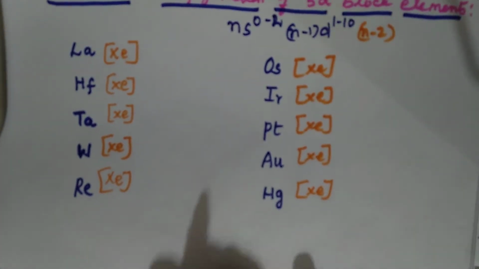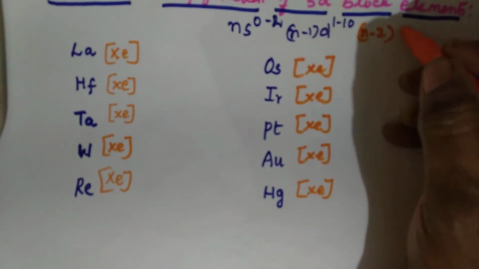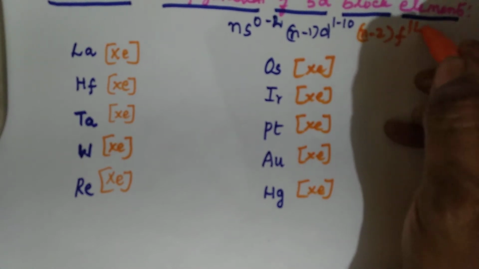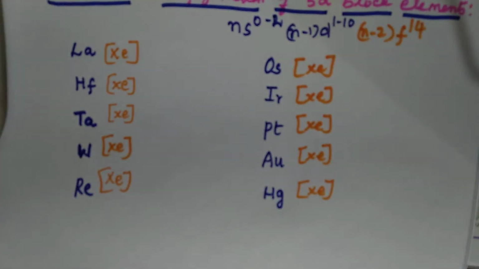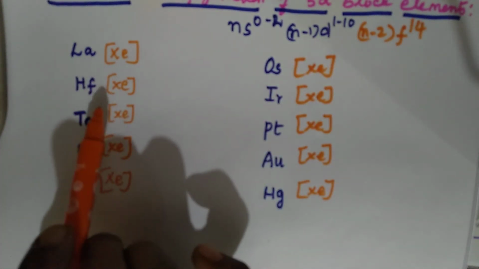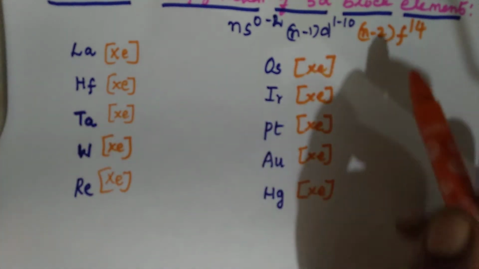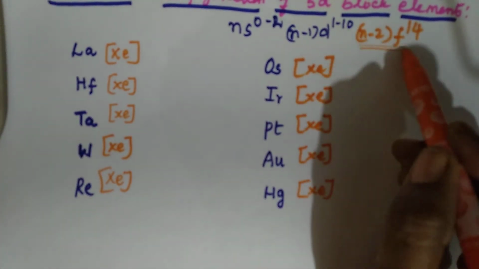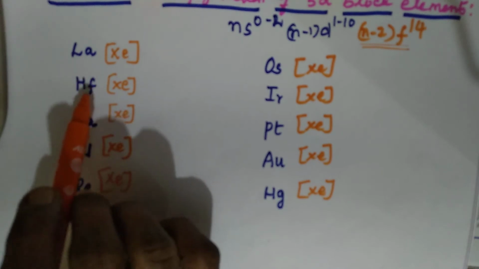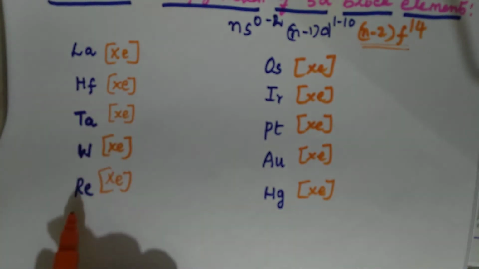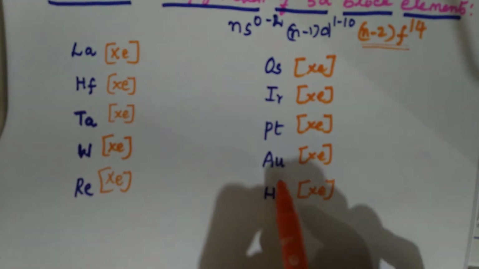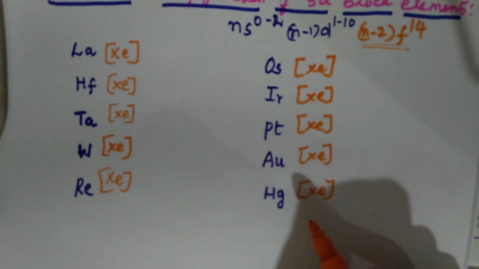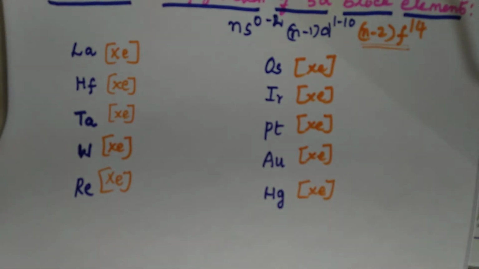You need to include that also, (n minus 2) f 14. After lanthanum, from hafnium onwards, you have to include it: hafnium, tantalum, wolfram, rhenium, osmium, iridium, platinum, gold and mercury. For those you should include that 14 also, remember that.